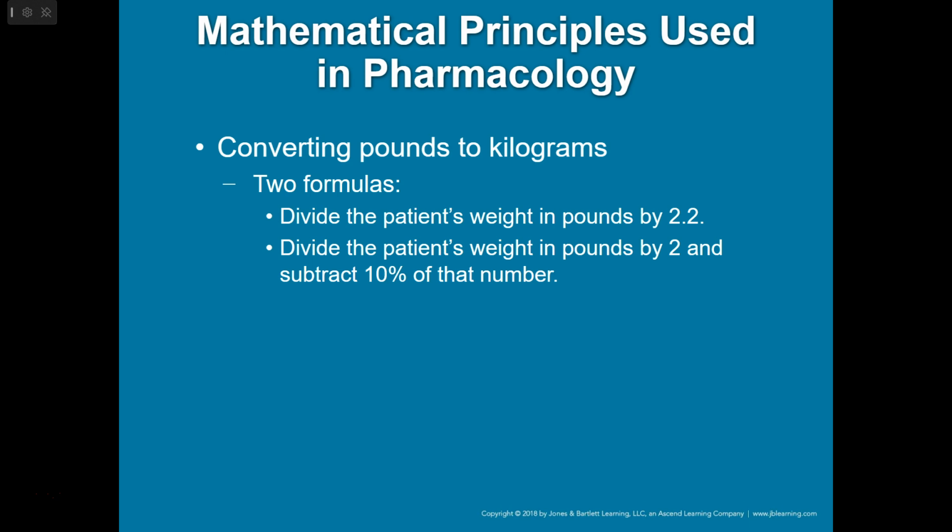Whatever that last digit is, subtract that off, pretty much. So here's another example. I've got someone who's 280 pounds. Divide it in half, that gives me 140, and then subtract 10%, 14. So that takes me from 140 down to 126. So I've got 126 kilograms.